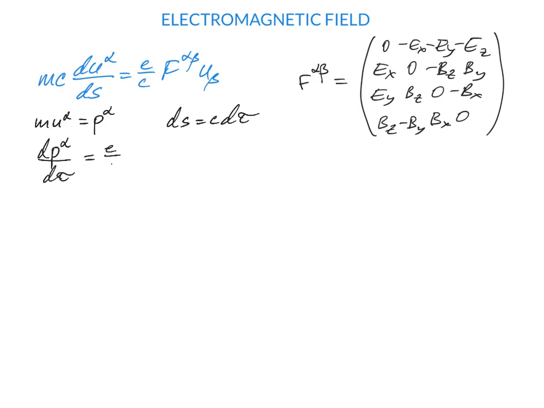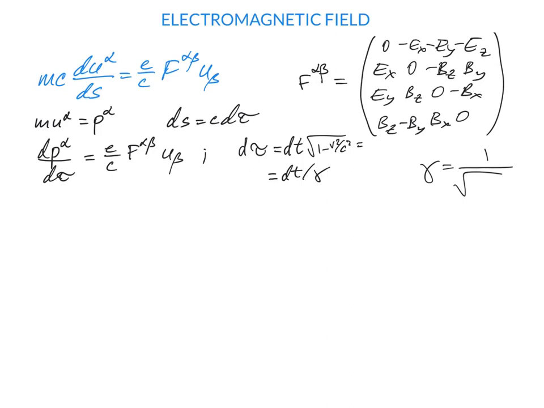That's equal to E over c F alpha beta u beta. d tau is equal to dt times the square root of 1 minus v squared over c squared, or in a different notation, dt divided by gamma, where gamma is 1 over the square root of 1 minus v squared over c squared.